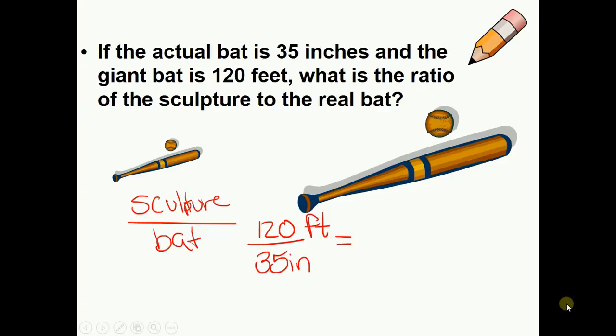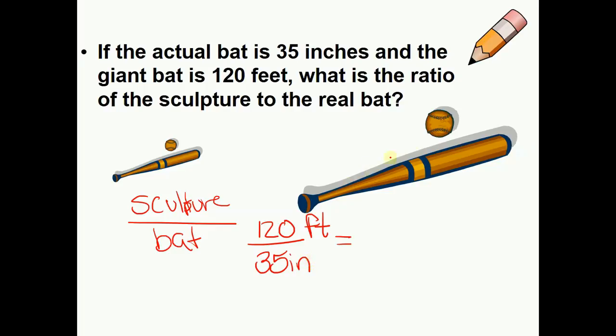Now here's the thing though, I can't be talking feet to inches. I need to be talking feet to feet or inches to inches. So I'm going to make feet go down to inches because I think that's going to be a lot easier. I know that there's 12 inches in each foot.